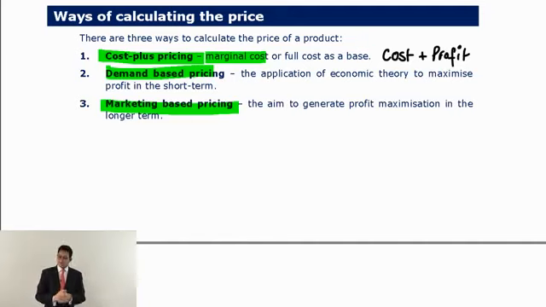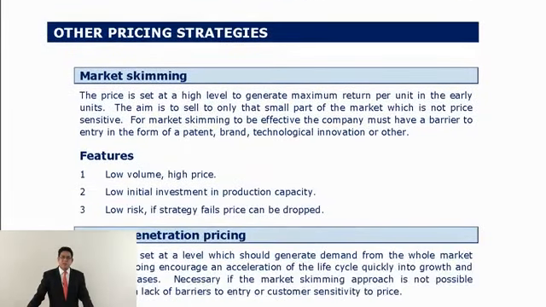A number of issues. First of all, let's have a look at marketing-based approaches or other pricing strategies before we look at the cost plus and demand-based pricing. These are some theoretical areas where there are no numbers, no technicalities, purely knowledge. So let's spend a few moments on this.